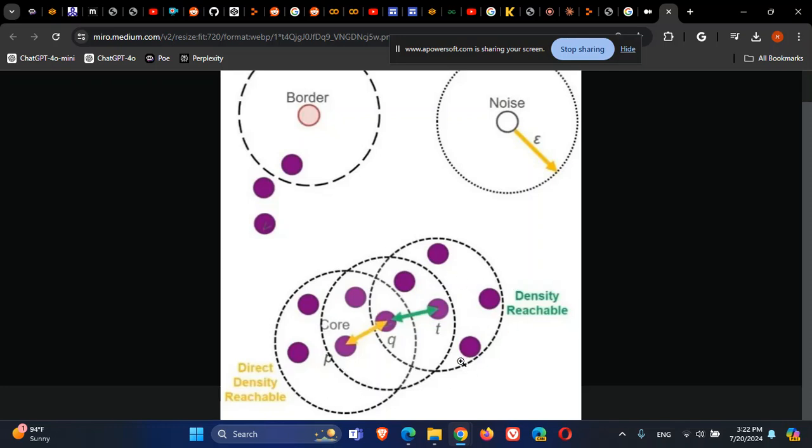Of course, it depends on the min points and epsilon we defined. So you can understand that this algorithm's results are based on our decision of epsilon and min points.